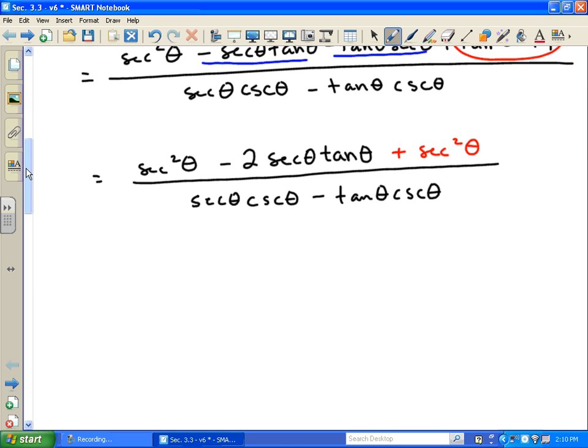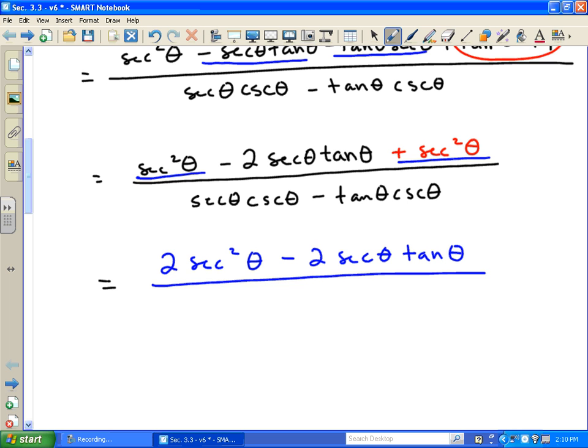In the numerator, there are two terms I can combine. I have a secant squared theta at the front and a secant squared theta at the back. There's two of those, so that would become 2 secant squared of theta, and then minus 2 secant of theta tangent of theta. I'll copy down the denominator.